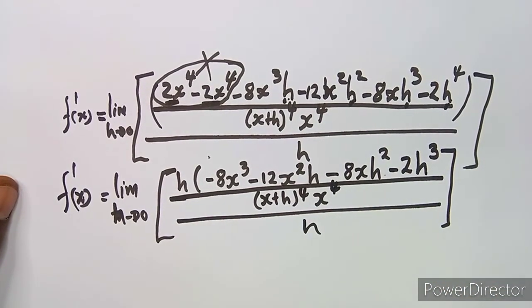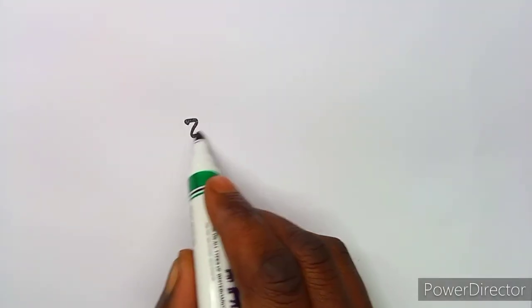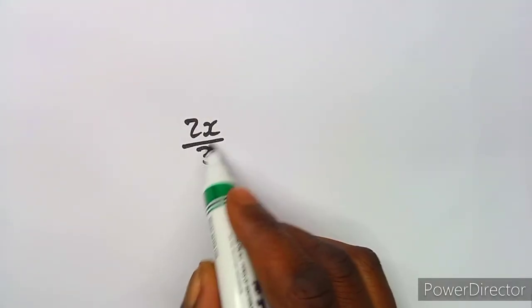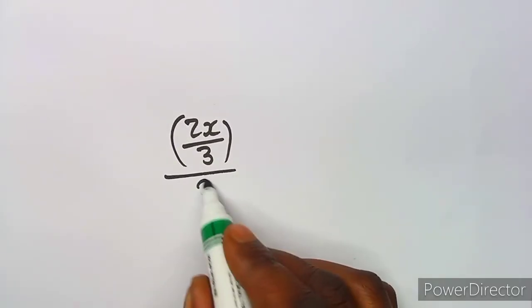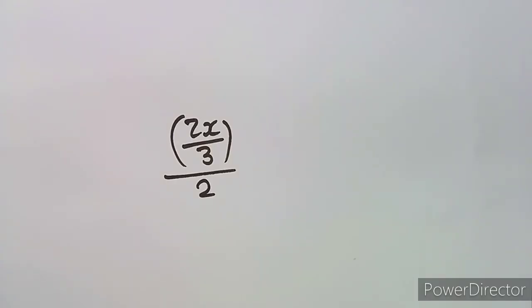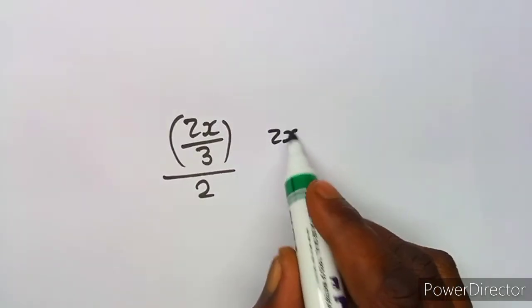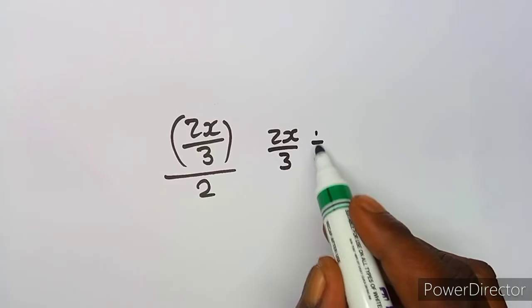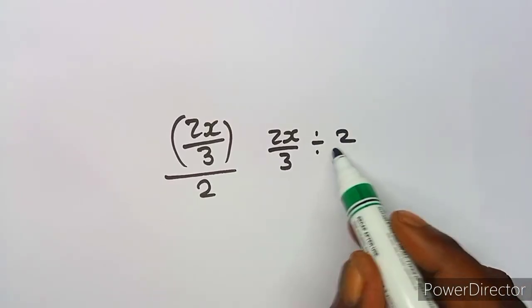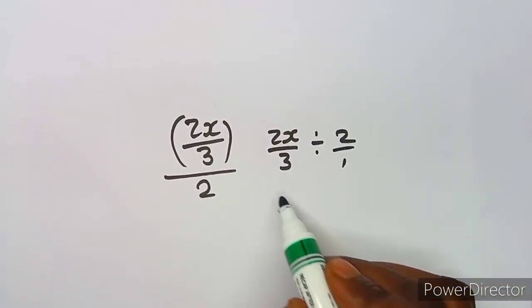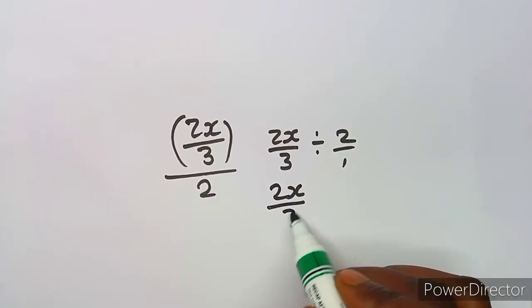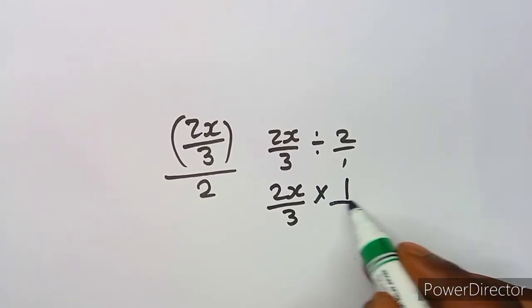All right, remember guys, from your fractions algebra there, when you're given something like this, 2x over 3 divided by 2, like this, what does this mean? It actually means 2x over 3, like this, divided by 2, which is 2 over 1, because it's a whole number, and it's going to be 2x over 3 times 1 over 2.